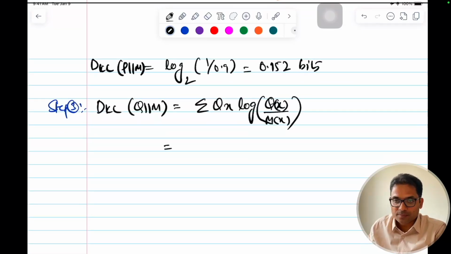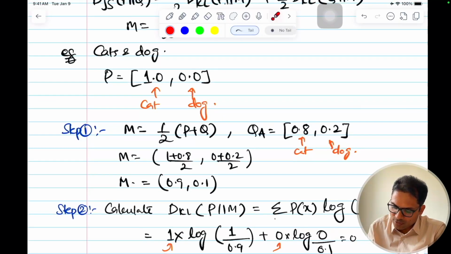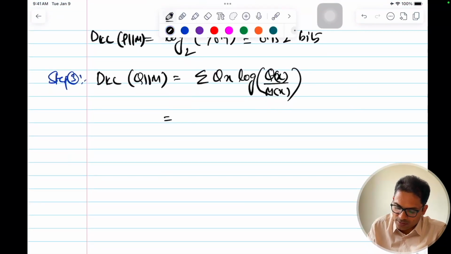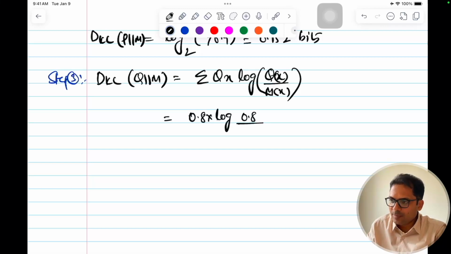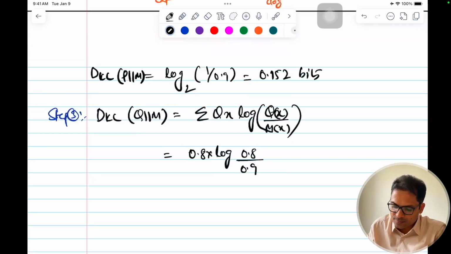So what is my probability of Q? What I have defined, whatever it is here, 0.8 and 0.2. Let's solve this. So Qx is now 0.8 into log of 0.8 by Mx is 0.9.